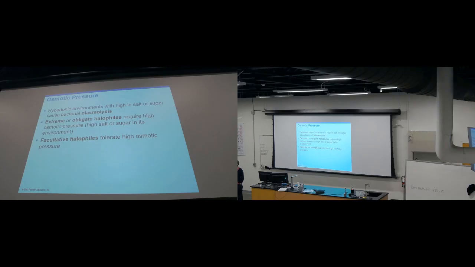You saw that in the previous chapter, in which this excess of solutes in the environment where the bacteria is growing will, through osmosis, pull water out of the cell into the external environment, and then the plasma membrane detaches from the cell wall, and that leads to a death signal in the bacteria, and the bacteria will die. So hypertonic environments like high salt or sugar content cause plasmolysis.